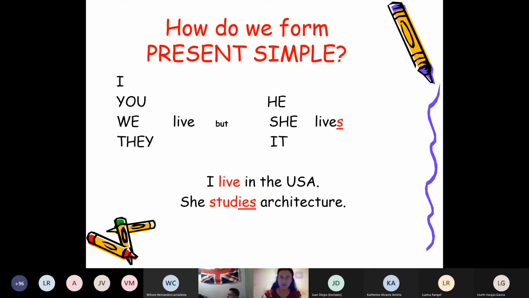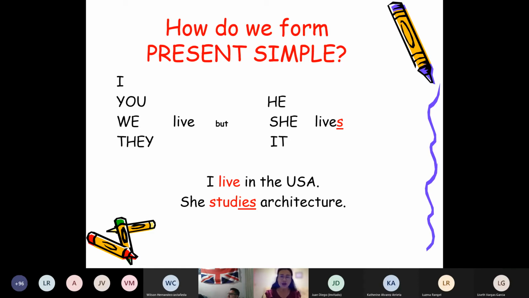Remember that we form the present simple with the conjugation of the verb. The conjugation of the verb for the personal pronouns I, you, we, they, or the plural subjects is live, for example, or buy, or work.